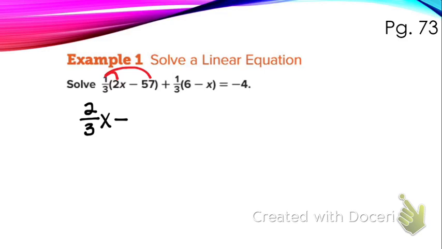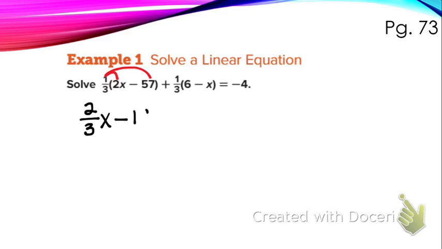So 57 times 1/3, go ahead and type that in your calculator. If you do, you should get 19.